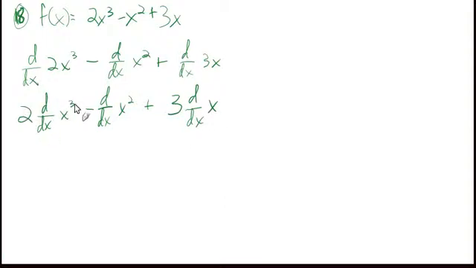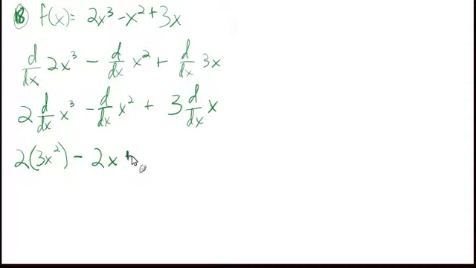The derivative of this, remember, is take this, multiply it. It becomes the coefficient of the x, and then this loses a power. So this is 2 times 3x squared. See how the 3 became the coefficient. The 3 lost the power, so it's squared now instead of cubed. Minus, same thing here. 2 is the coefficient, x to the 2 minus 1, which is 1.